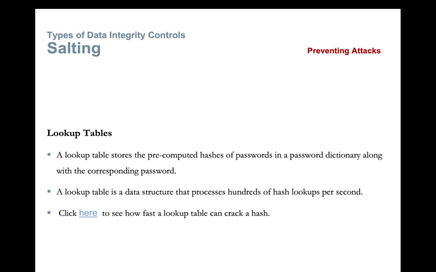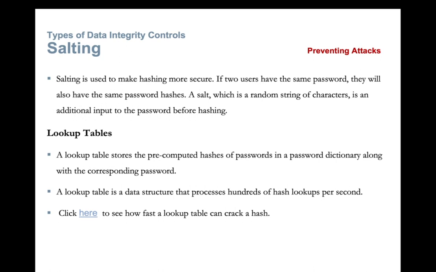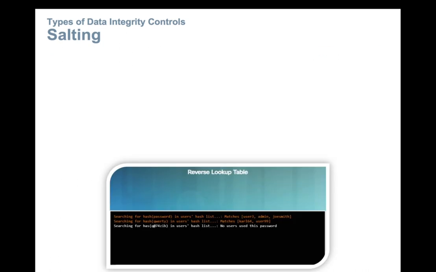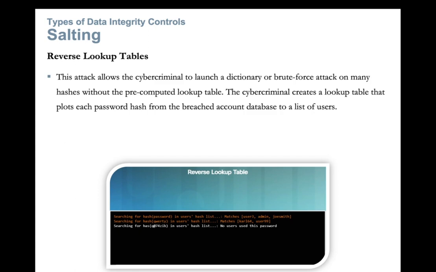There are also reverse lookup tables. A reverse lookup table is an attack. This attack allows cyber criminals to launch dictionary or brute force attacks on many hashes without a pre-computed lookup table.